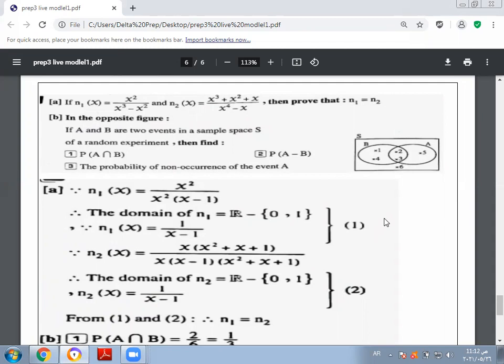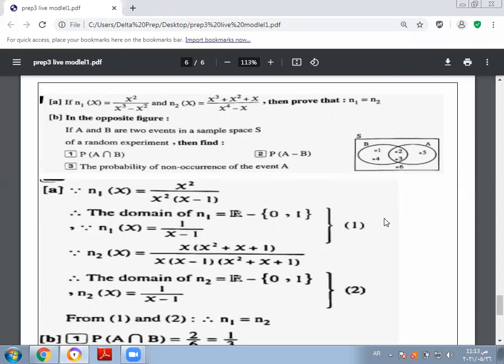We know that n1(x) equals n2(x) if the simplest forms are equal, but the two domains must be the same. The domain of the first, n1(x), must be equal to the domain of n2(x). And we find the domain before simplifying. Again, we find the domain before simplifying. So how can we simplify?